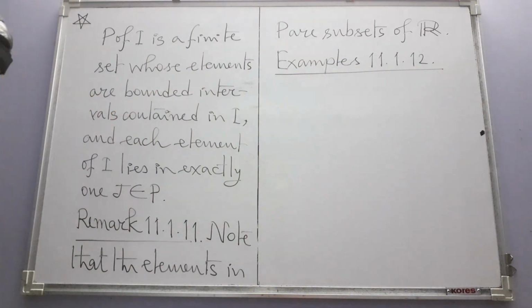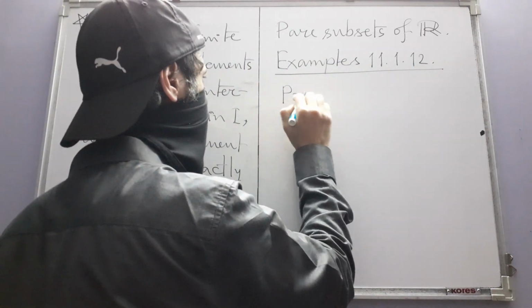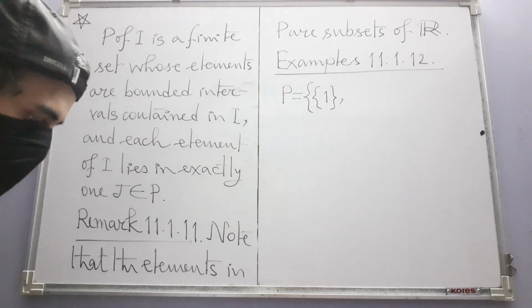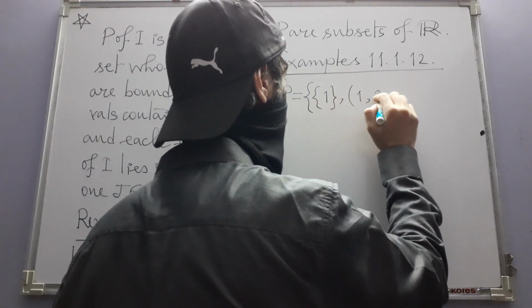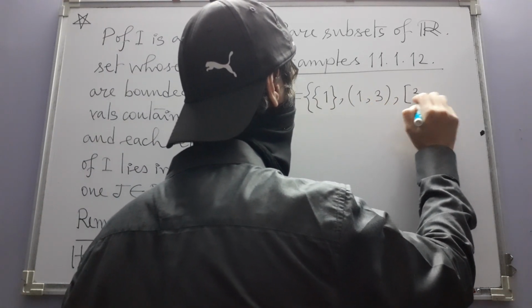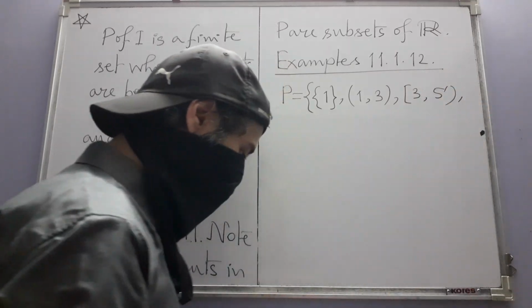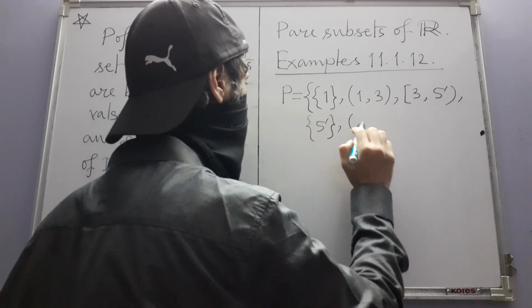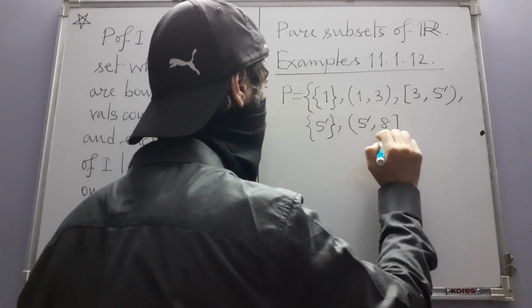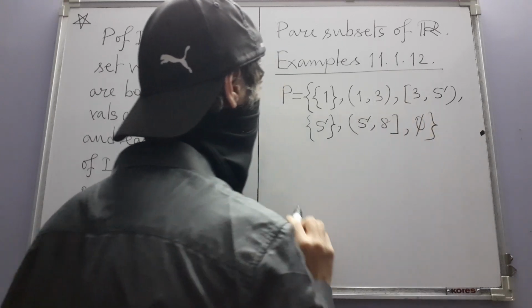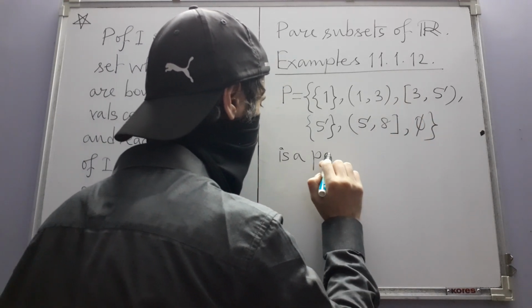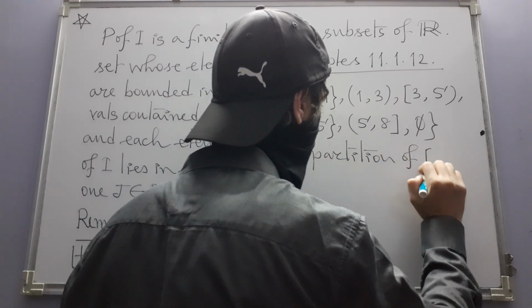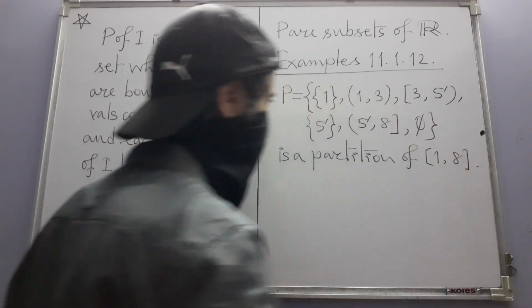The first one, this set. This is a partition of [1, 8].